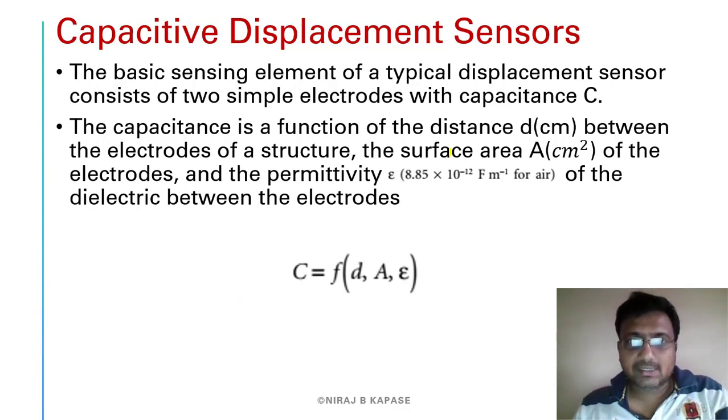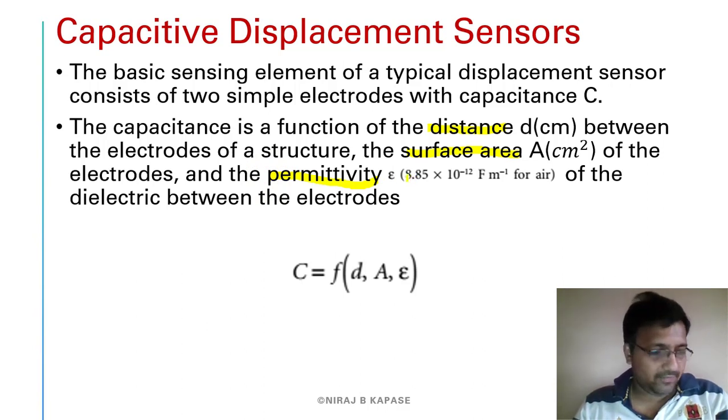The capacitance is a function of the distance d in centimeters between the electrodes and the surface area A in centimeter squared of the electrodes, and the permittivity of free space, epsilon, is equal to 8.85 times 10 raised to minus 12 F m minus 1 for air.